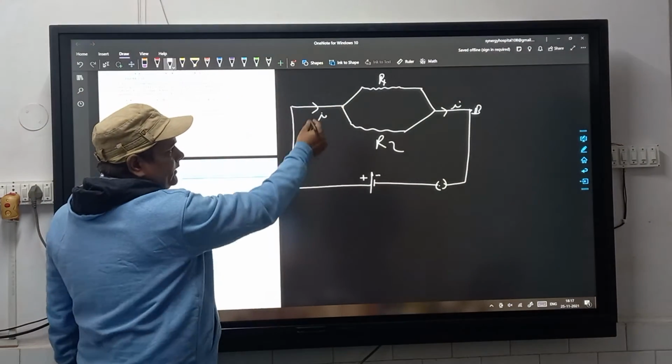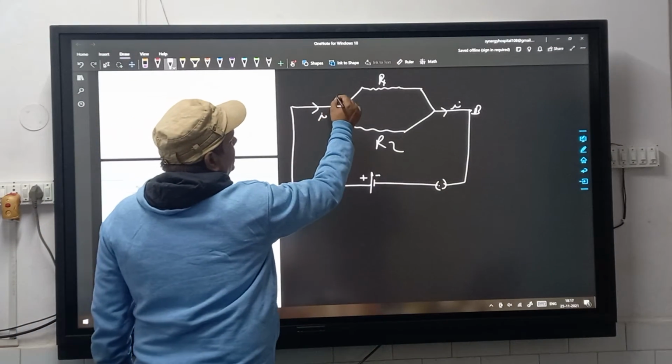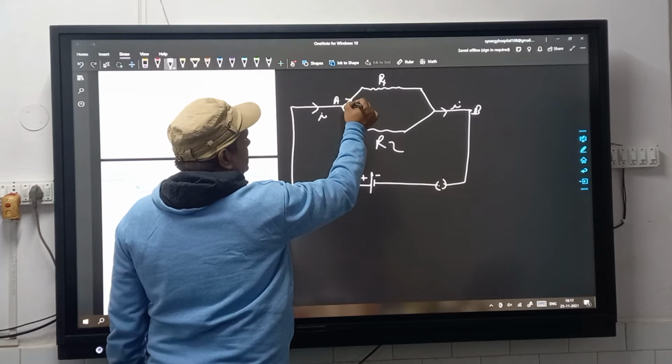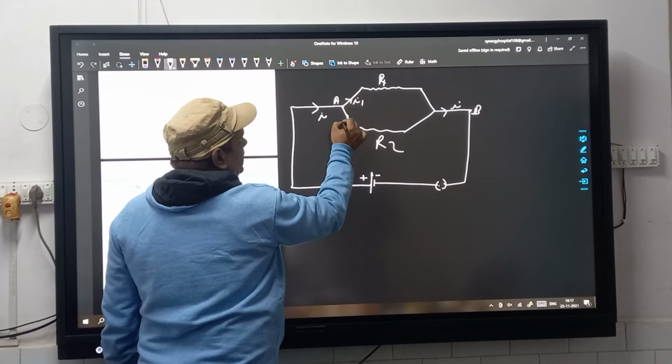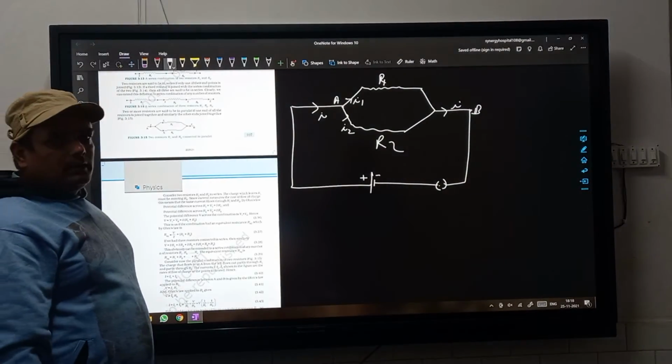Suppose the current I reaches this point A and divides into two branches, I1 and I2.